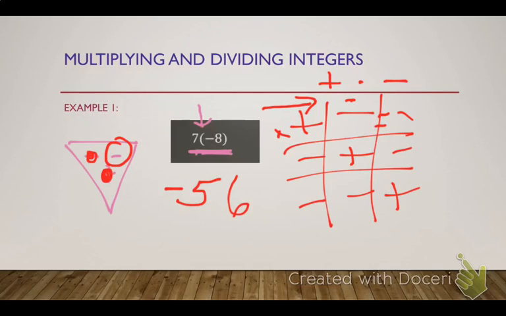And we need to read it left to right. Okay? Now, if that is too confusing, and it might be for some of us who tend to get lost in our thoughts, again, it's positive times negative equals negative.